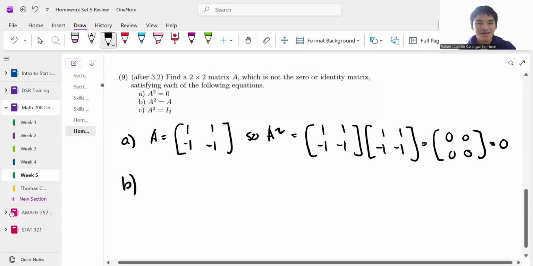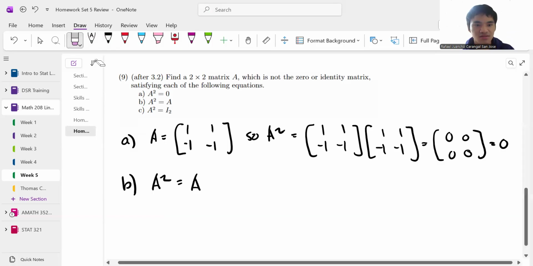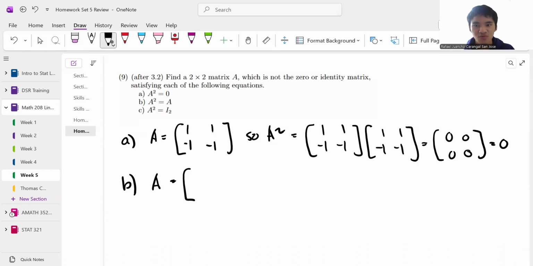Okay, that's A. How about A squared equals A? Holy moly. What would that be? A 0 or identity? Well, here I would just guess it, right? I would say there has to be something that we can square and we would still get A. I want to make A 1, 1, 1, 1. How do I do that?